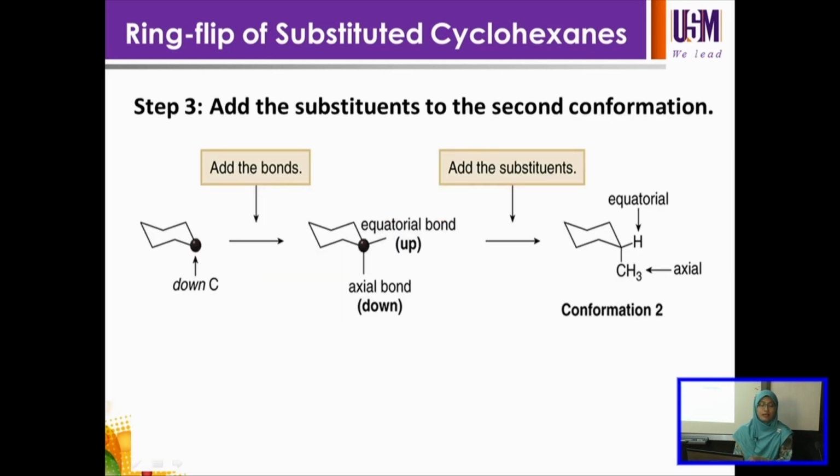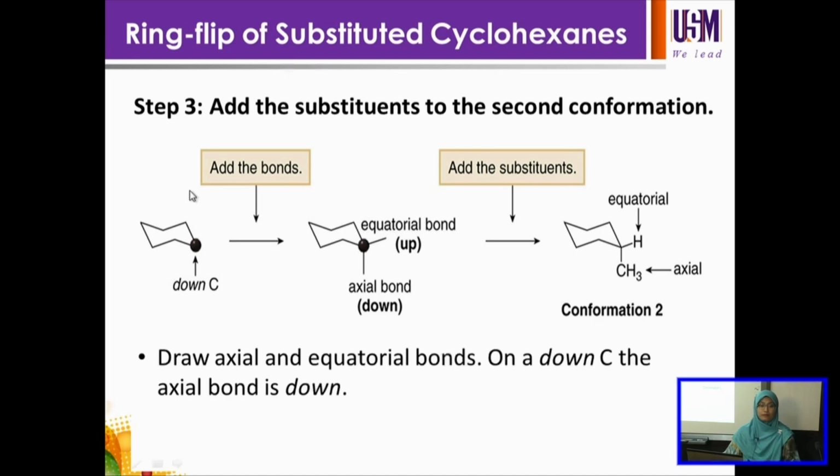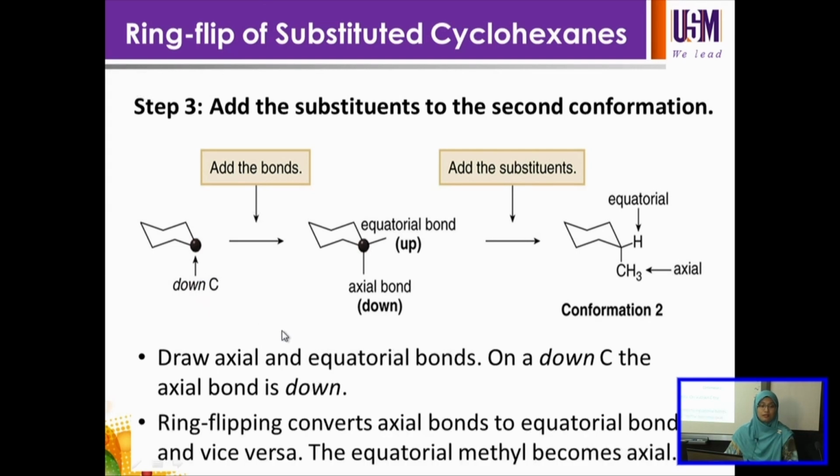The third step is to add the substituent to the second conformation. You can draw the axial and equatorial positions. On a down carbon here, the axial bond is down, and ring flipping converts axial bonds to equatorial bonds and vice versa.